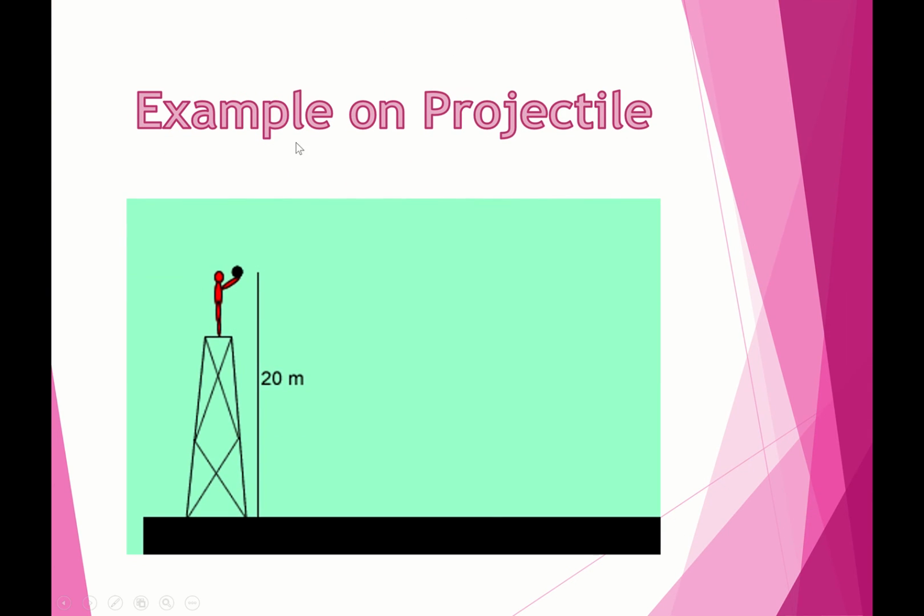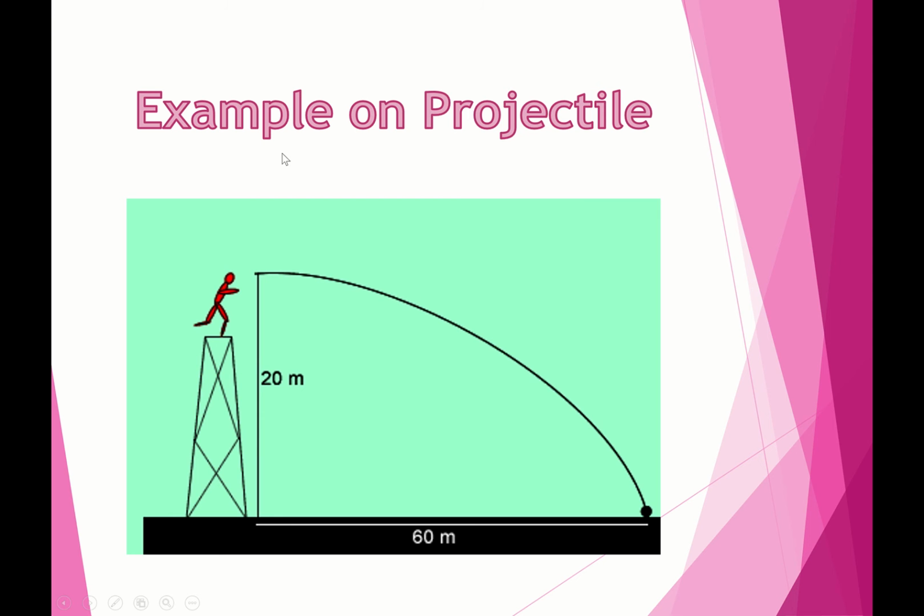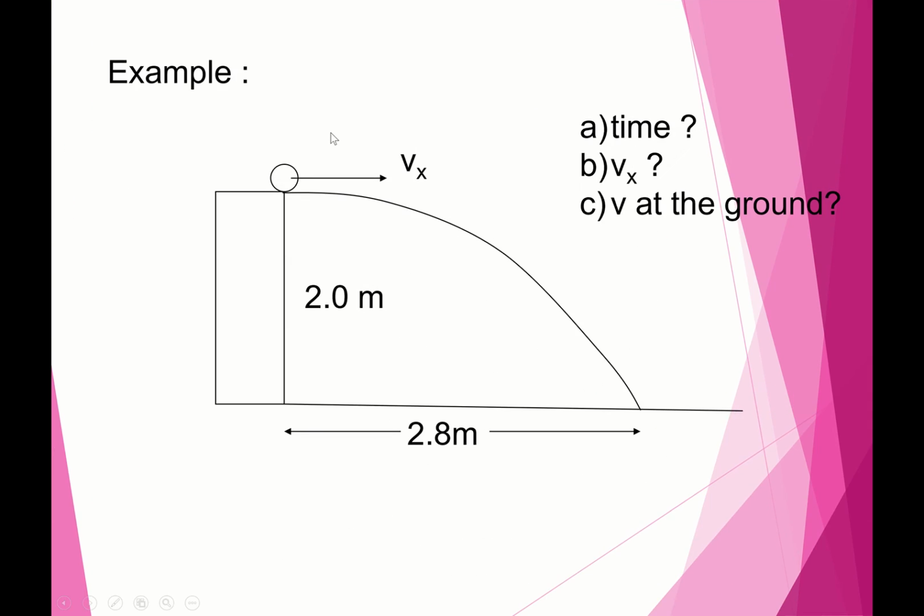In this video, we are going to discuss an example on projectile. Let's say an object is thrown horizontally with initial velocity Vx from a height of 2 meters, and it lands on the ground later at time t at a distance of 2.8 meters.